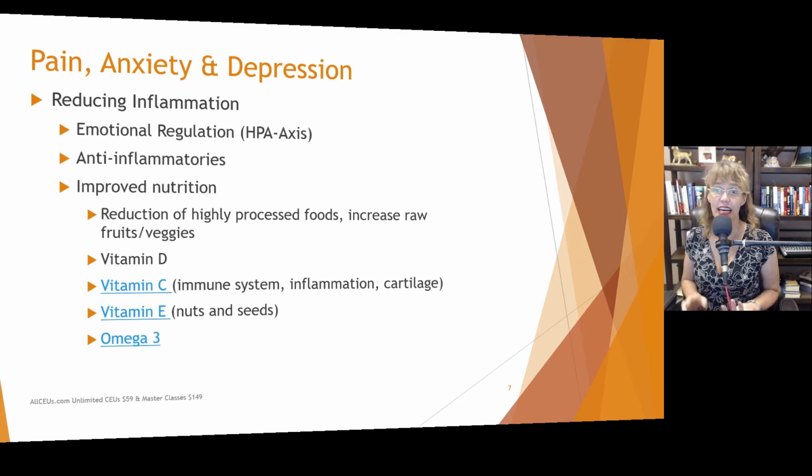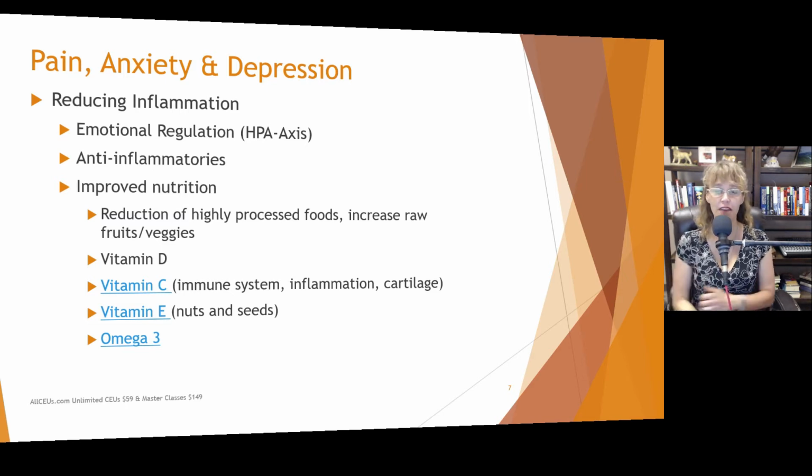Vitamin C is associated with improving your immune system, reducing inflammation, and helping to maintain cartilage. Why is cartilage important? Well, if you're older like I am, the cartilage starts to wear out and break down, and that starts causing pain in joints.